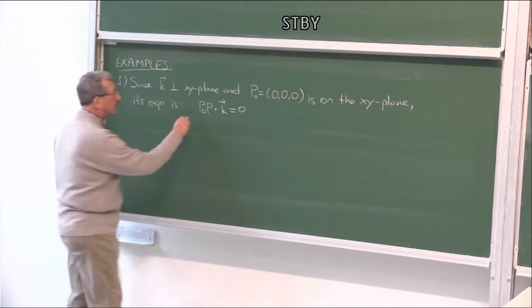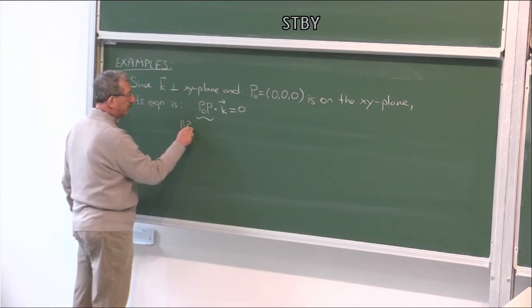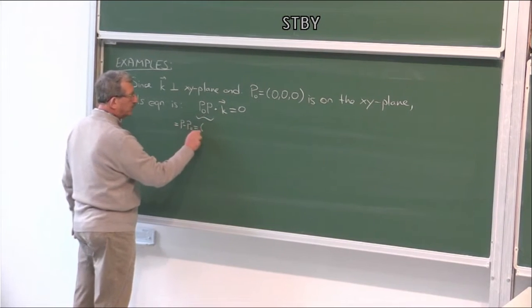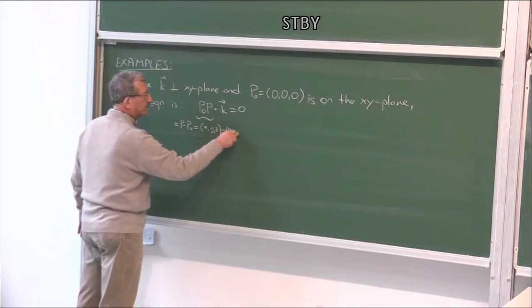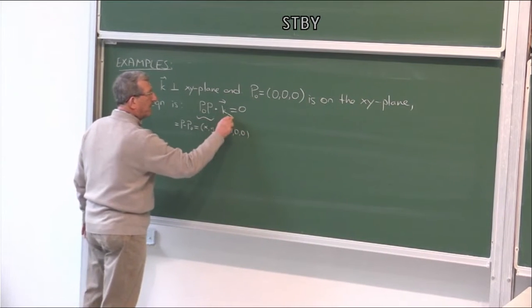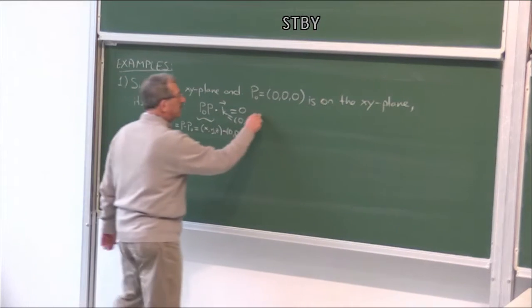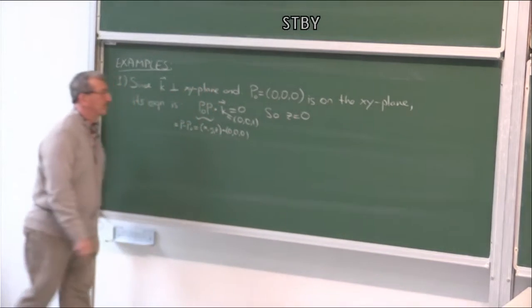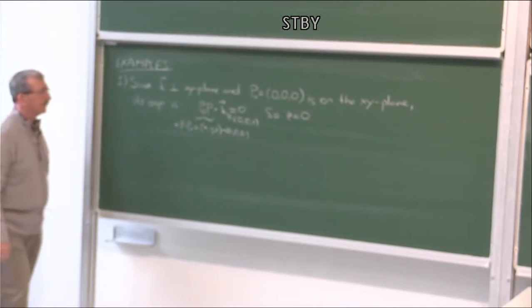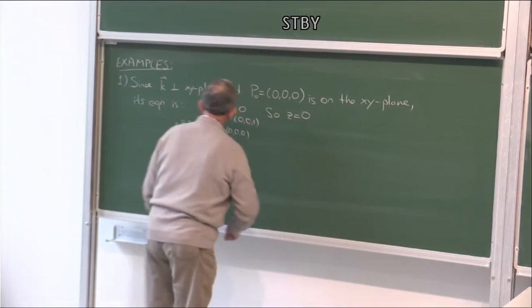Now, what this means, of course, is that this being P minus P0, which is xyz minus 0, 0, 0, and K being 0, 0, 1. This means that Z is 0. So this is the equation of the xy plane.